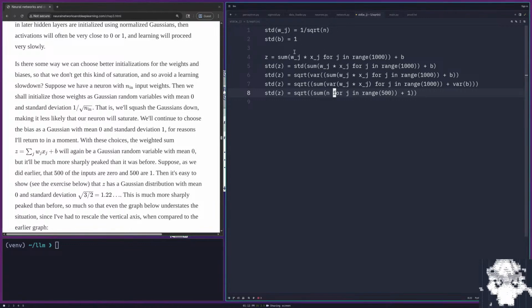Or like, that's what it was when the weights... Okay, let me just do it step by step. The variance of this is equal to the square of the standard deviation of this, which would mean 1 over n. That's the variance.